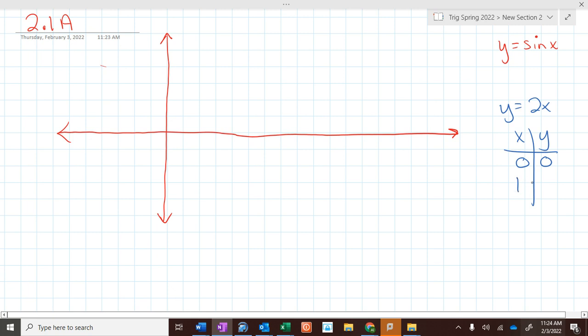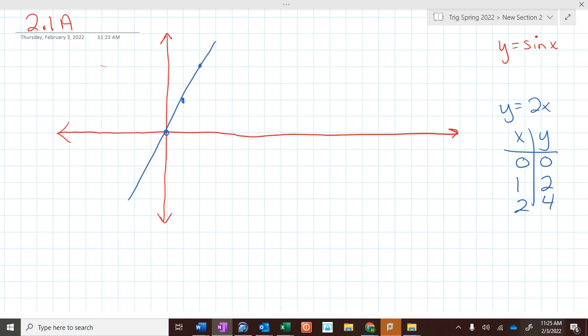If we put 1 in for x, y is 2. If we put 2 in for x, y is 4. 0, 0, 1, 2, 2, 4 makes a line like that, right? Okay, we're into graphing now. We kind of are in the whole realm of, okay, we know how to graph.